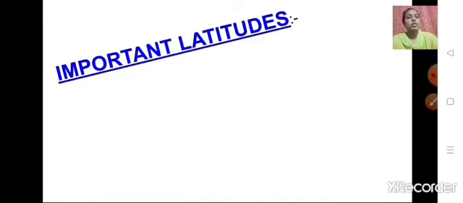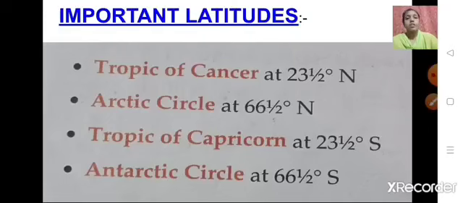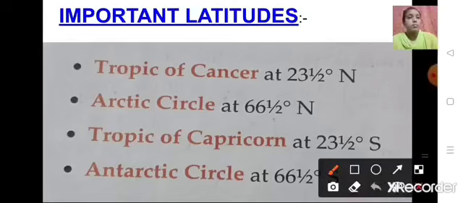Now let us start with the new topic, that is important latitudes. Children, other than the equator and poles, there are 4 other important latitudes and the names are here on the screen.